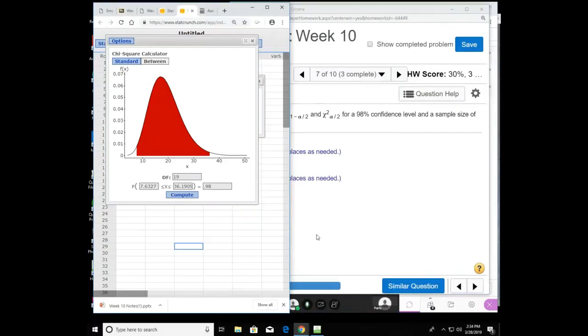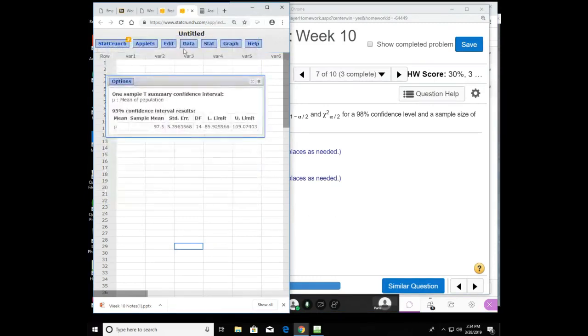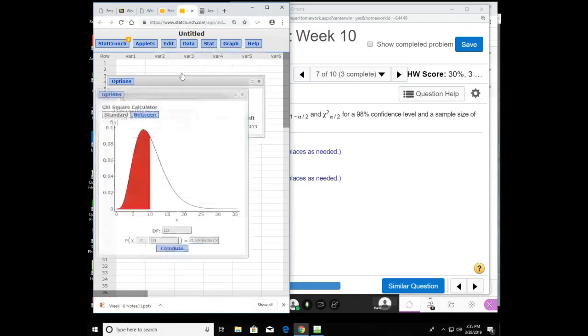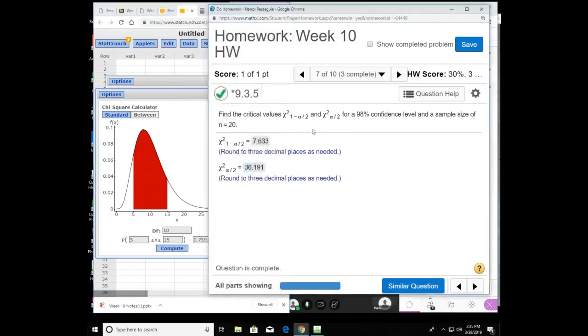All right, so just in case anybody missed that, all I did was I went to StatCrunch and I did the chi-squared calculator. So stat calculators and chi-square. I used the between, and I had to put in the degrees of freedom. That's 1 less than the n.